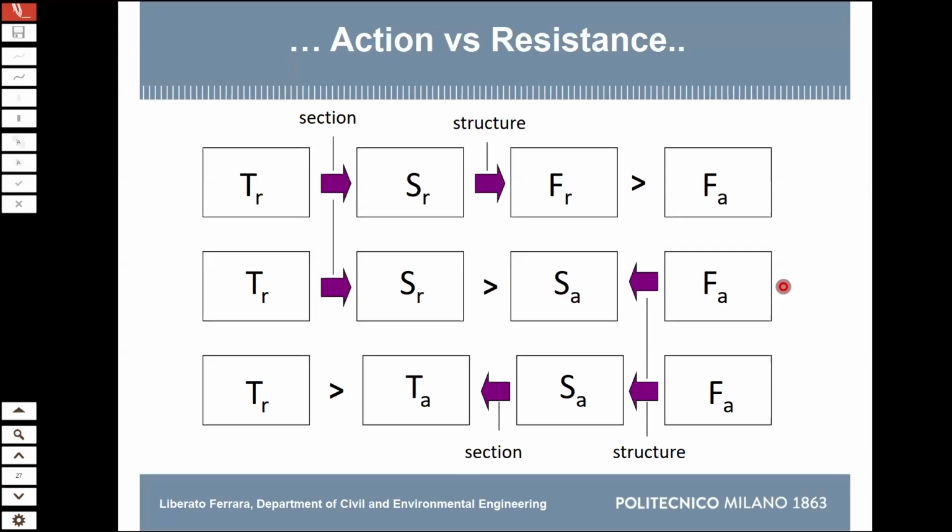And at this second level, when we design reinforced concrete structures, we make some assumption on the strength of the material: compressive strength for concrete, maximum yielding. And we use a cross-section model.